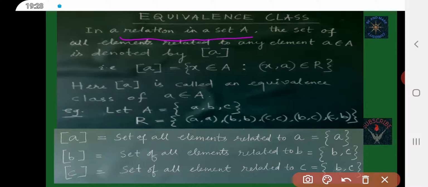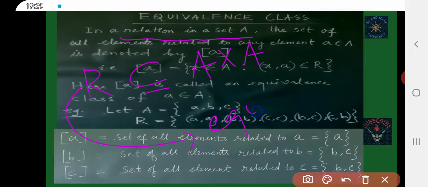relation in a set A. Relation in a set A means suppose the relation is R, which is a subset of A cross A, or subset or equal to A cross A. We can get the equivalence class of an element of set A if this relation is an equivalence relation.